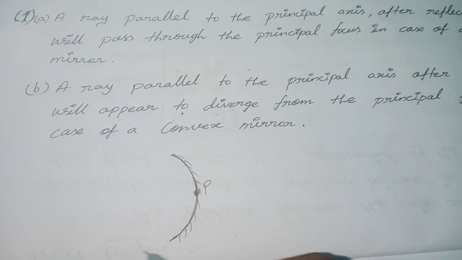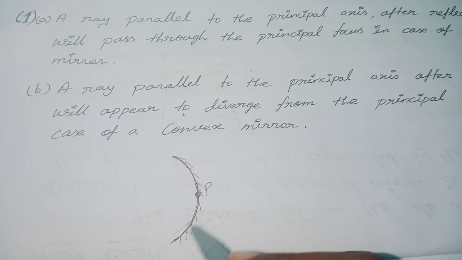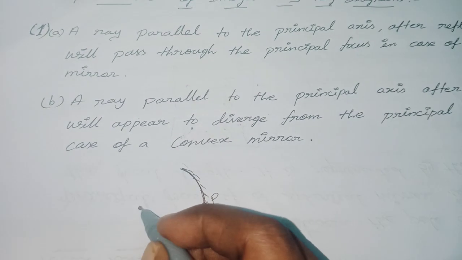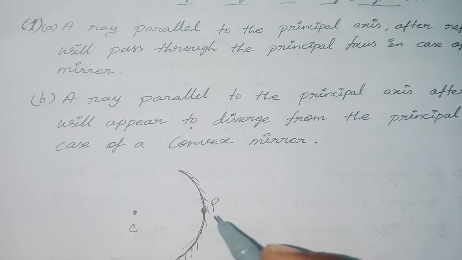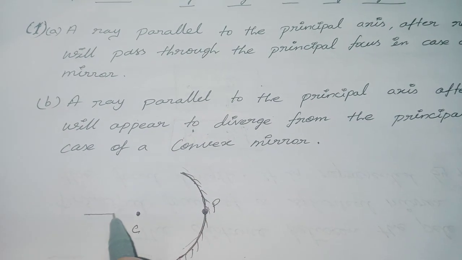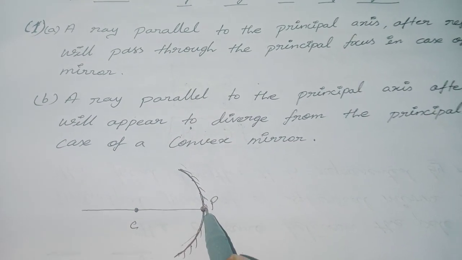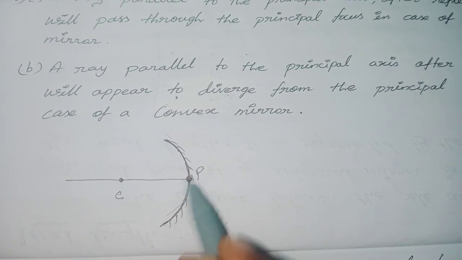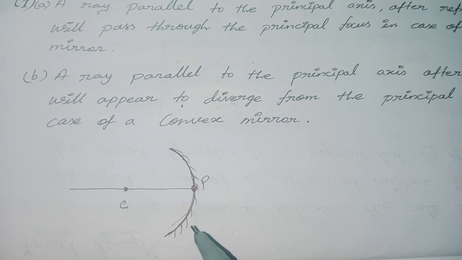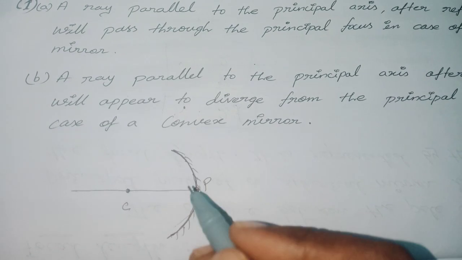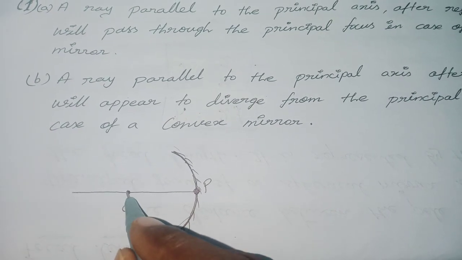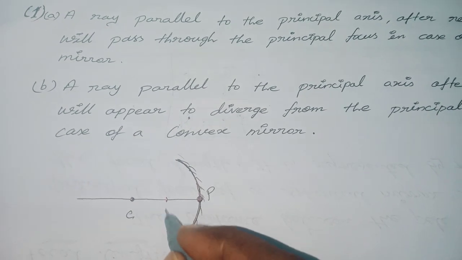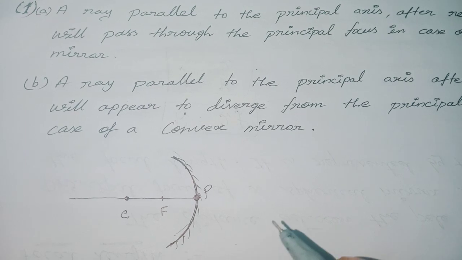And the center of the sphere is represented as the center of curvature, that is C. And the imaginary line which passes through the center of curvature and the pole is called the principal axis. And we know the center point of C and P is denoted as capital F, that is the principal focus.